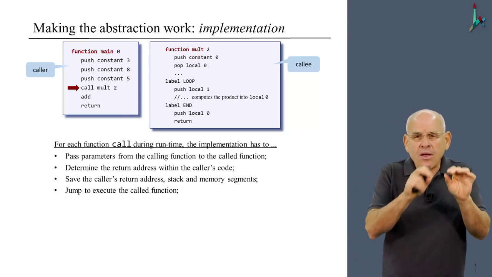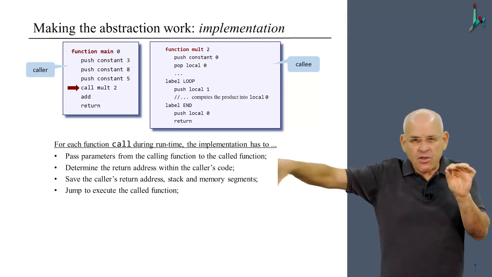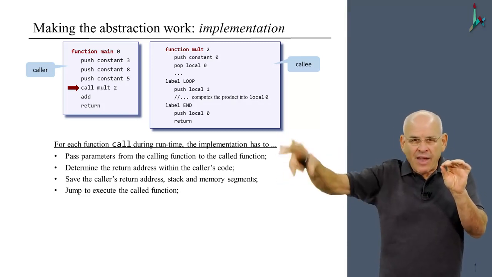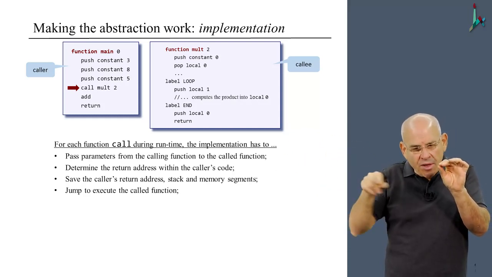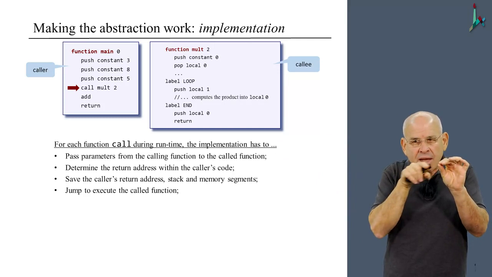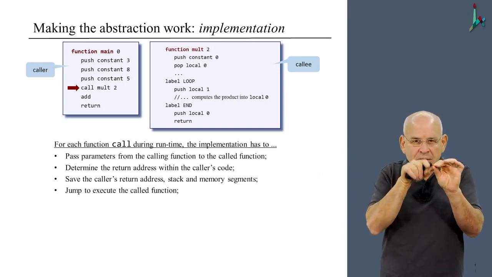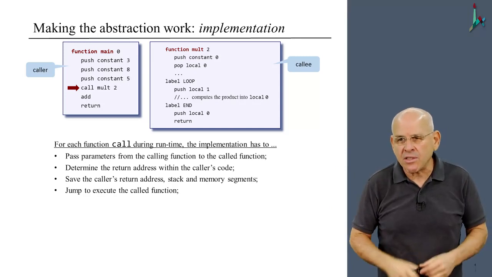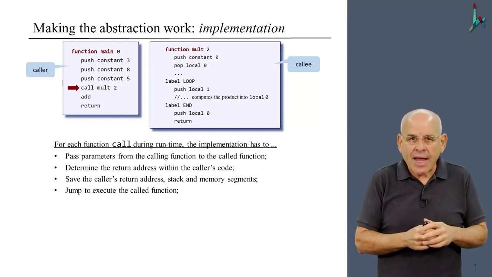We are going now to venture into a new adventure. And when this adventure is completed, we have to return exactly to the next command in the caller's code. So we have to remember this address somehow. We have to remember where to return. So we determine the return address.